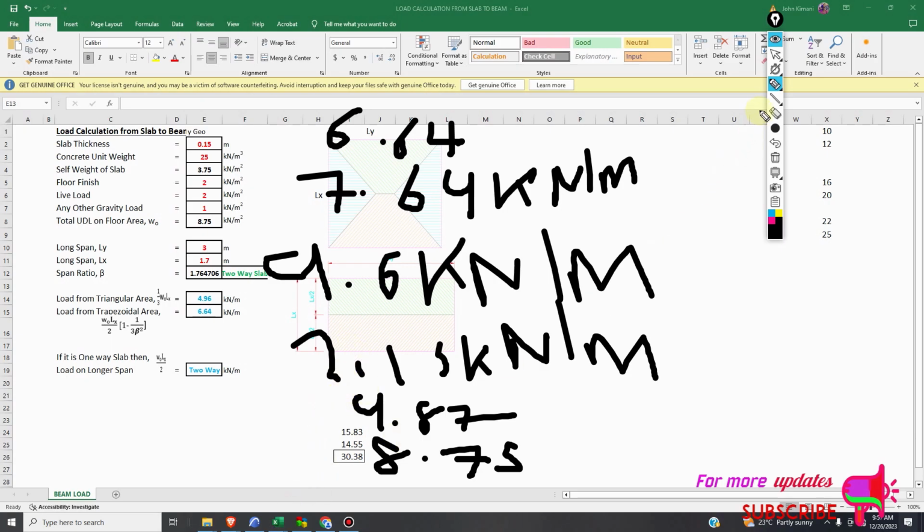And of course we have these other two beams.